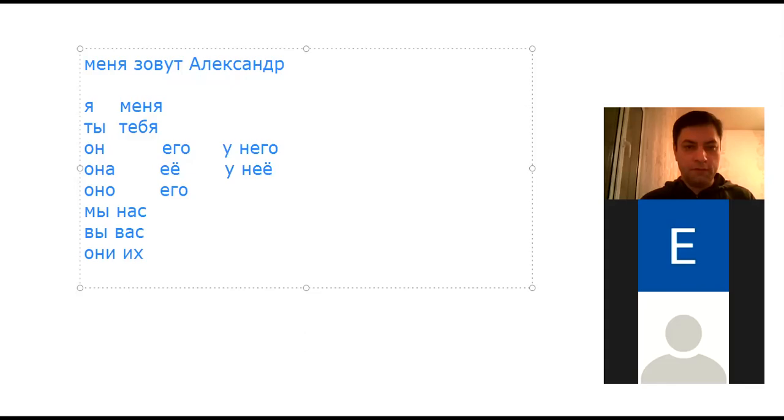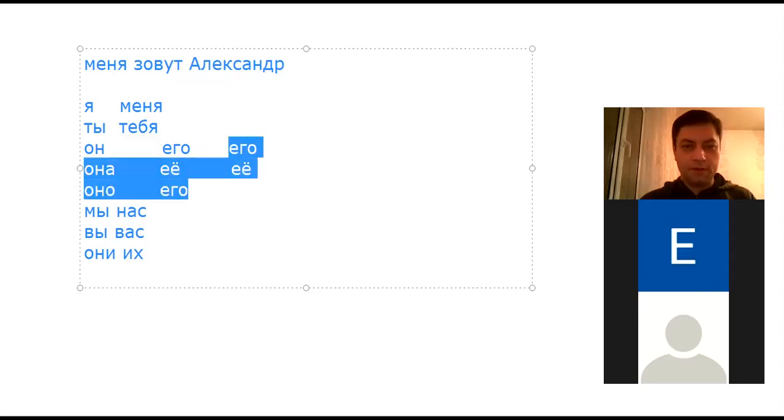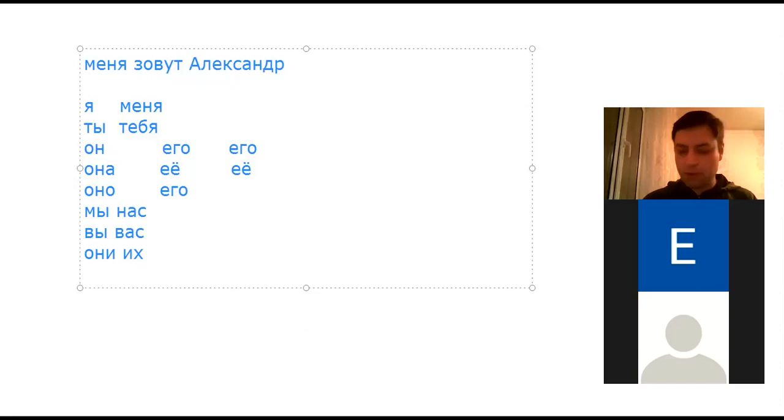But if there is no preposition in front, then the letter N should disappear. Okay, and in the sentence that we're going to learn today about the name, there is no preposition in front of the pronoun, so you don't need to add the letter N in front.